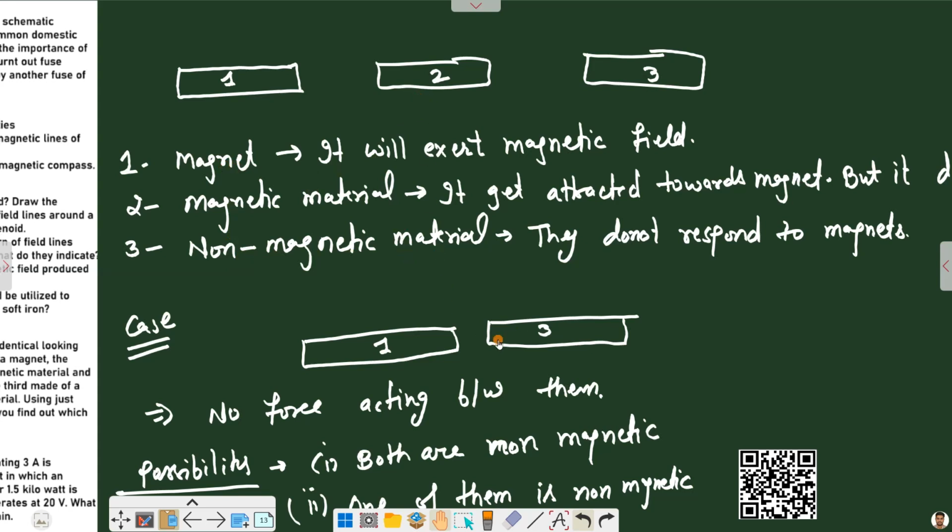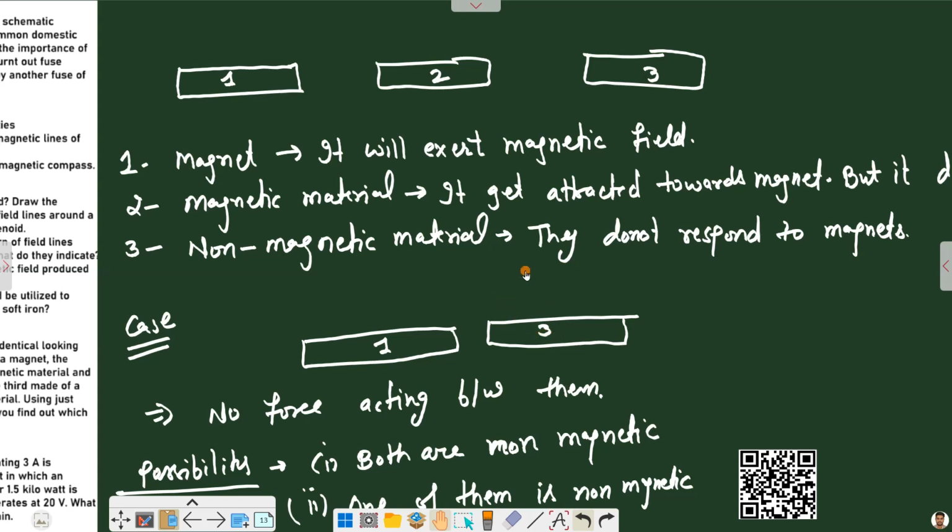The same process can be done using bars 1 and 2. We can bring them together and both will attract each other. So either both can be magnets or one of them can be a magnet, then we can freely suspend them. When we freely suspend them, only the magnet will orient itself in the direction of the magnetic field of Earth, and magnetic material will not orient itself in Earth's magnetic field.